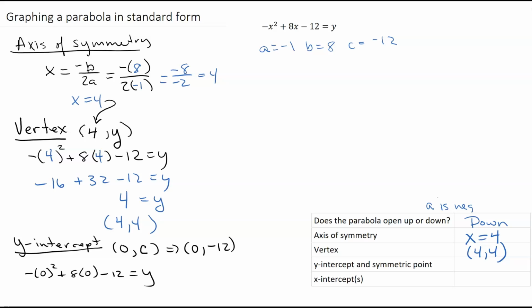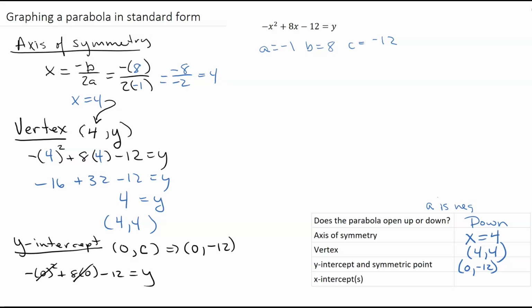And you'll see that the squared term and the linear term both go to 0, and I'll get y equals negative 12, or y equals the c value from my parabola. I'm going to come back and find the symmetric point to my y-intercept in a little bit when I go to do my graph. It will be easier for me to see it then.